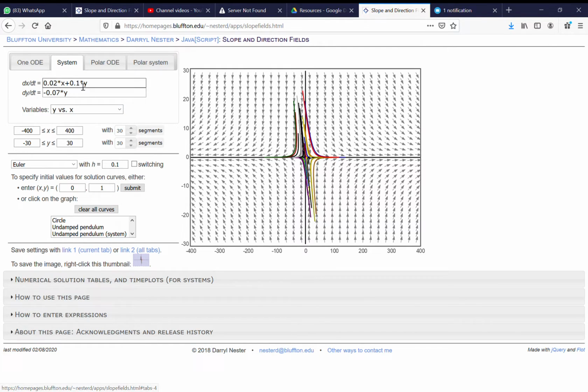For this system, if you solve it using the eigenvalue method, you will get eigenvalues equal to 0.02 and negative 0.07. In this case, the type of eigenvalue that we have is one positive value and one negative value.